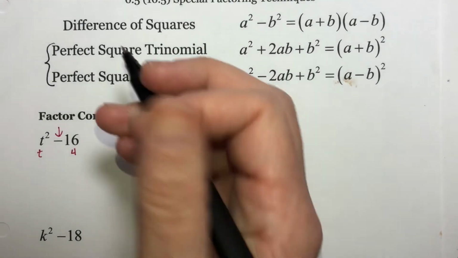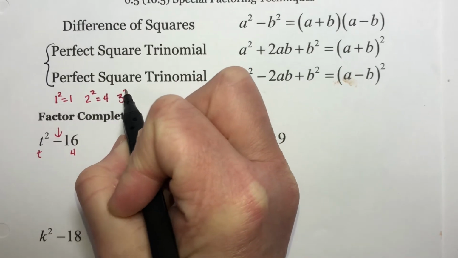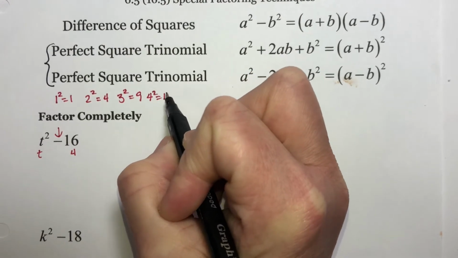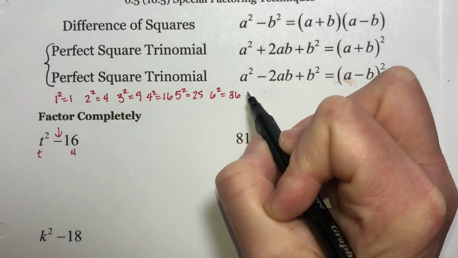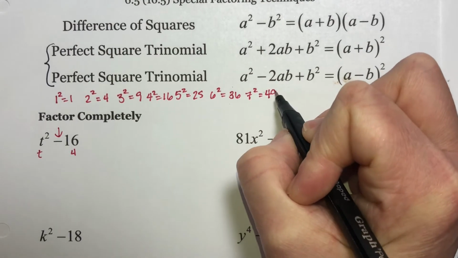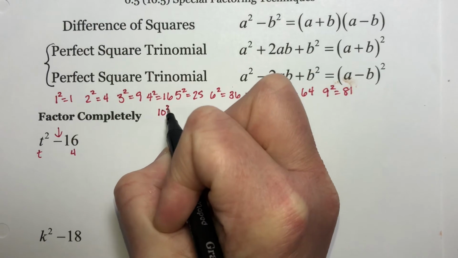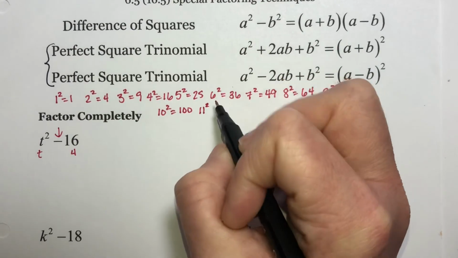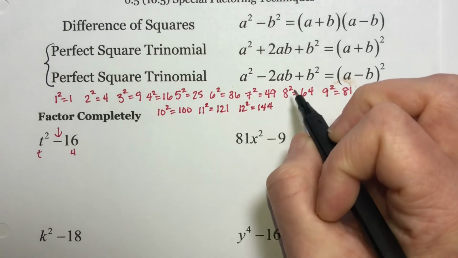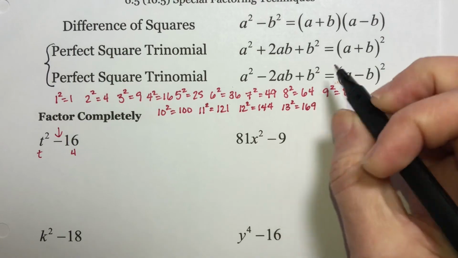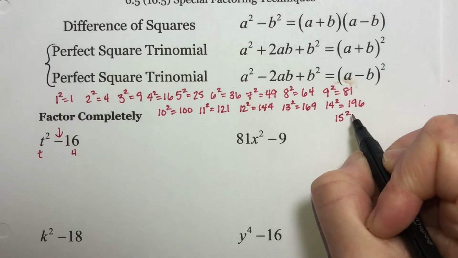Let's see if I can remember which ones you see most often. 1 squared is 1, 2 squared is 4, 3 squared is 9, 4 squared is 16, 5 squared is 25, 6 squared 36, 7 squared is 49, 8 squared 64, 9 squared 81, 10 squared is 100, 11 squared is 121, 12 squared is 144, 13 squared is 169, 14 squared is 196, and 15 squared is 225.